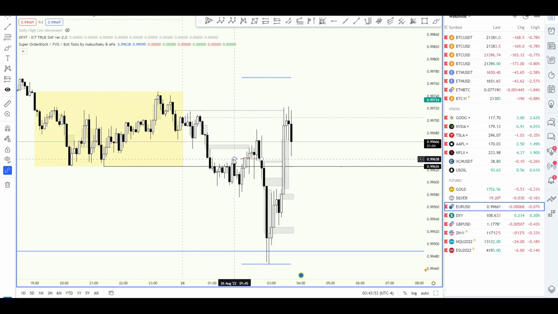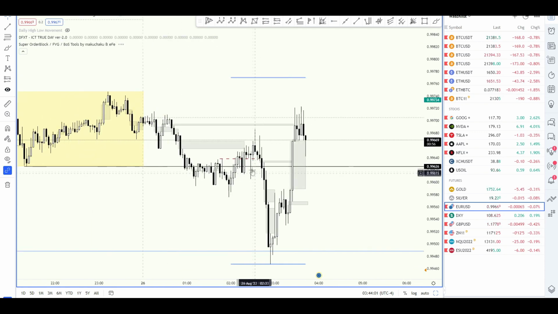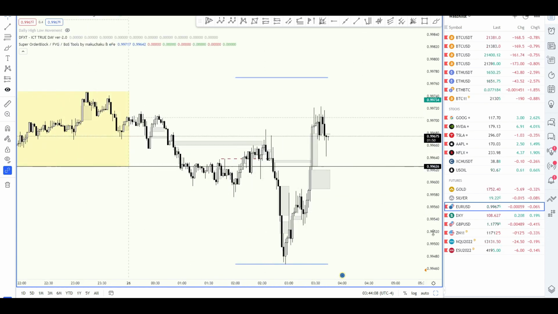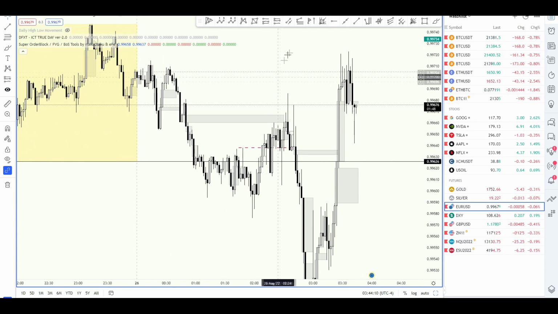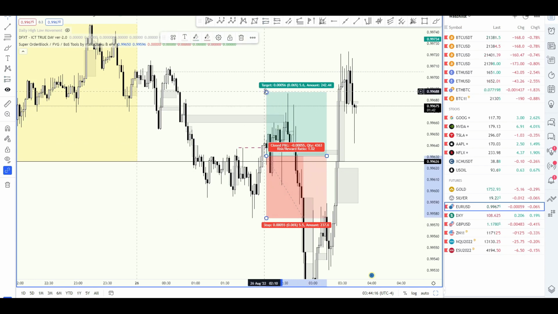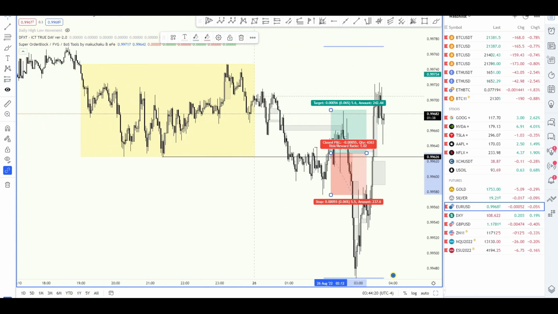Right, so swing high is being taken. So an entry would be on the fair value gap, and we don't have any here, and we have a tiny one right here. So that is our entry. And obviously we are being stopped out.